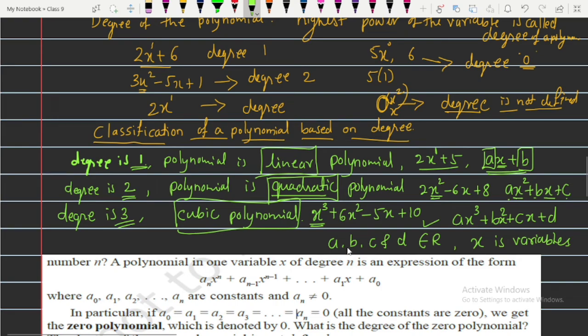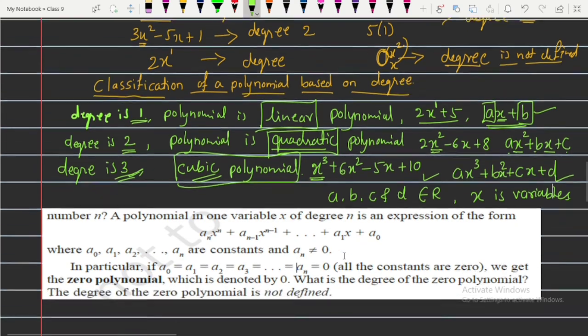In class 9, we are going to learn up to degree 3, that is cubic polynomials. You have also seen how we can write the standard forms: ax plus b, ax square plus bx plus c, and ax cube plus bx square plus cx plus d.